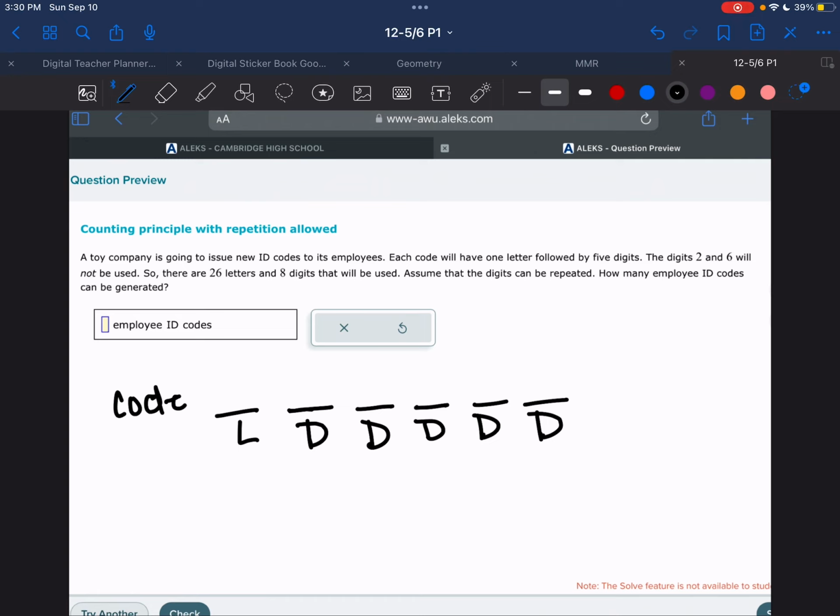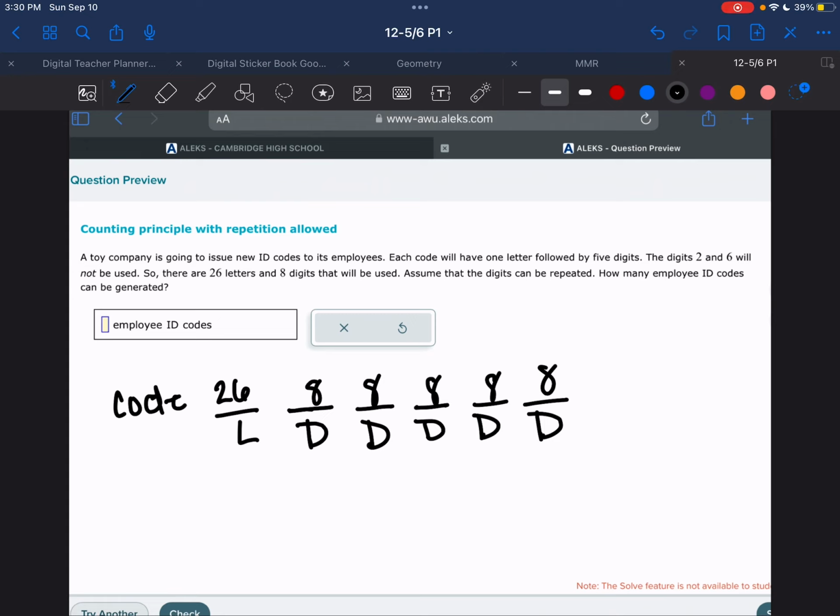It says that digits 2 and 6 will not be used, so there are 26 letters. So I have 26 options in my letter spot and 8 digits. 8, 8, 8, 8, 8. Assume that the digits can be repeated.